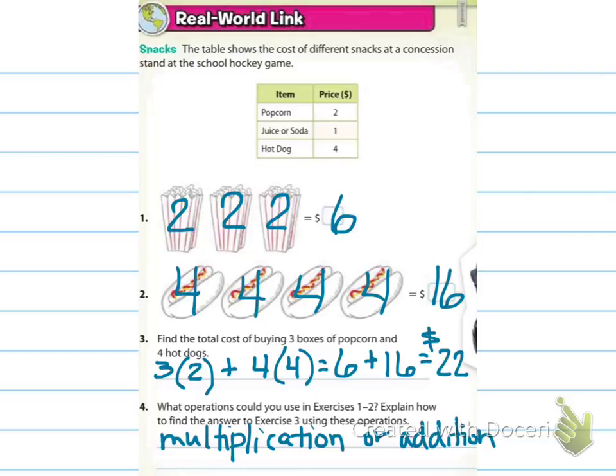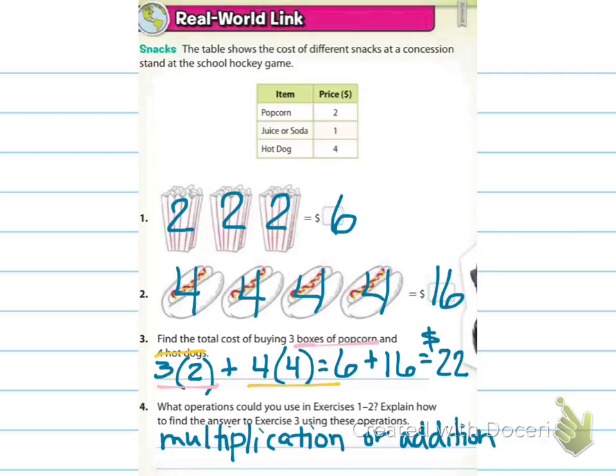For finding the total cost of buying 3 boxes of popcorn and 4 hot dogs, I went ahead and set up an equation where I am multiplying 3 times $2 to represent the popcorn, and then 4 times $4 to represent the hot dogs.